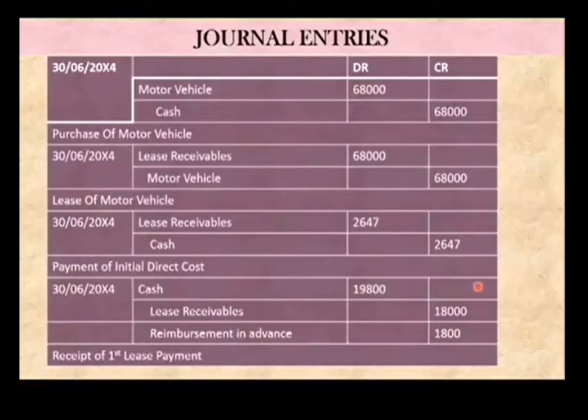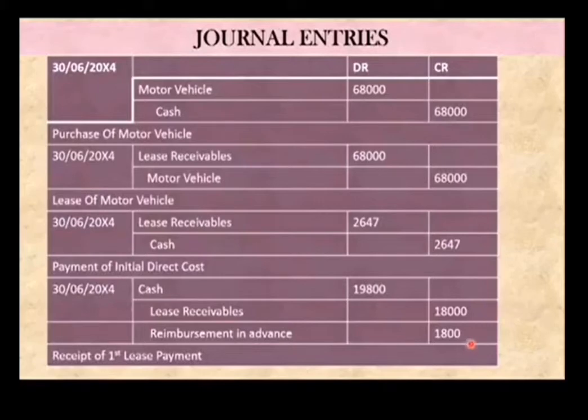And then we have the 4th entry here. This 19,800 is from the question as well. It is the lease receivable amount. And then we credit 18,000 as the lease receivable amount, because as I mentioned just now, it's the advance payment. It doesn't include any interest, it's just the one lump sum advance payment.